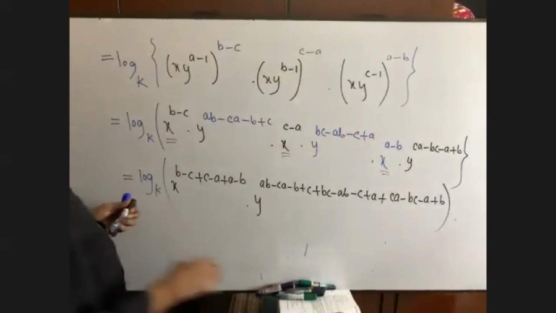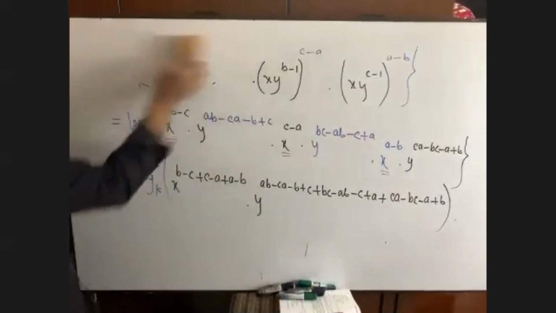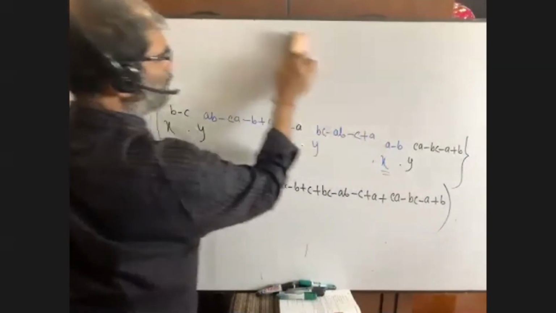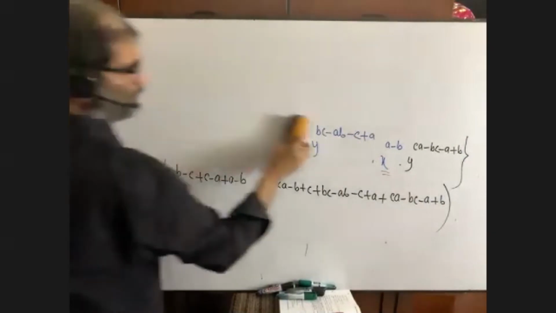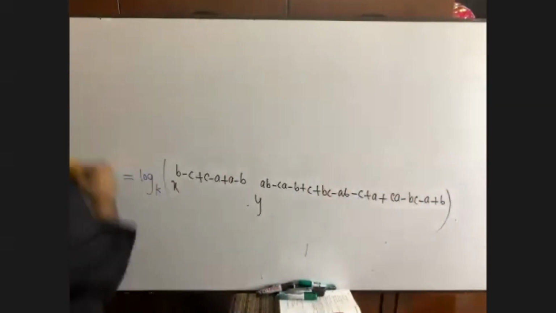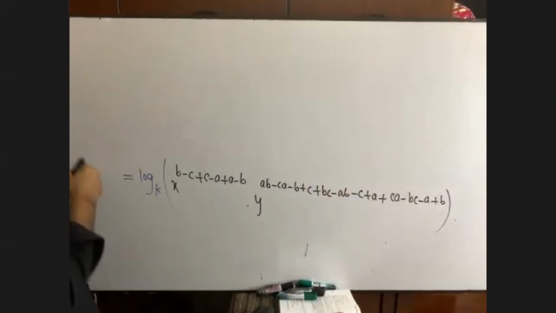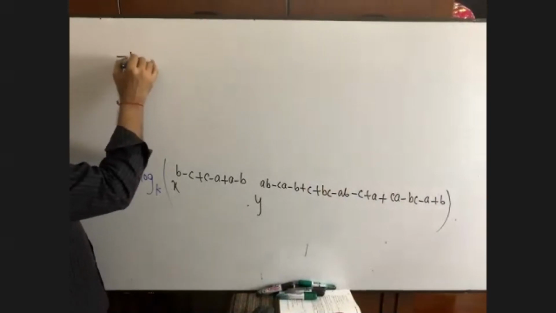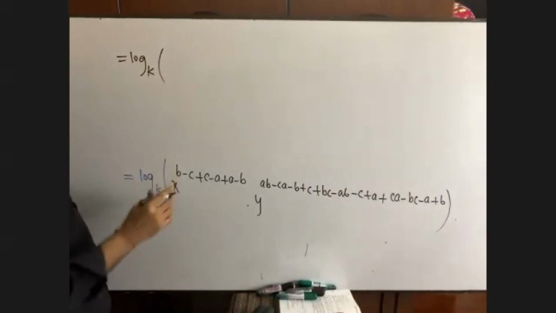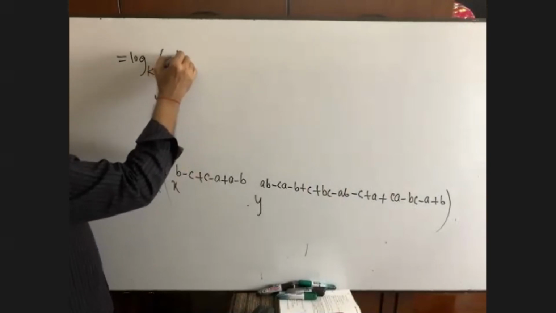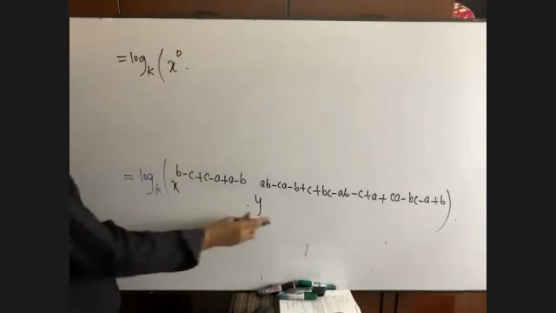Now what is happening here? We are getting log k, x to the power 0, y to the power 0.